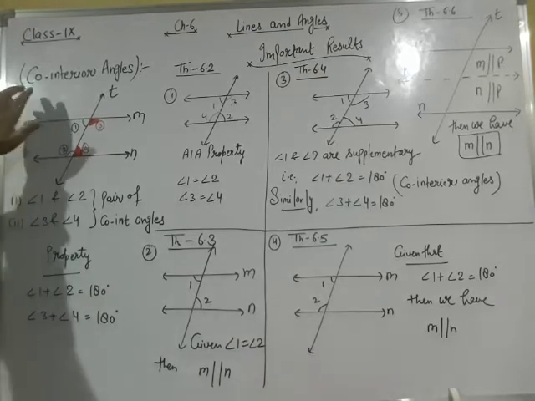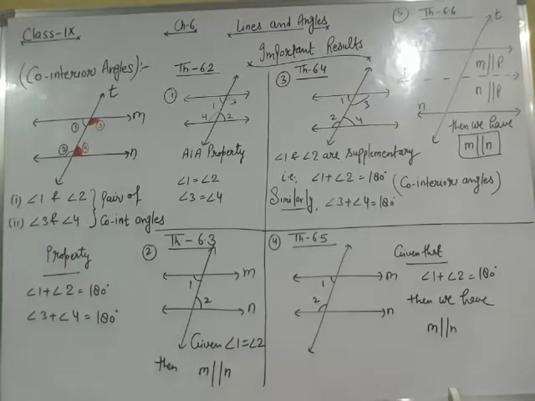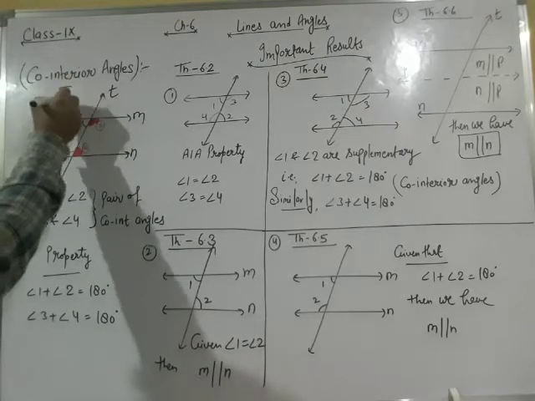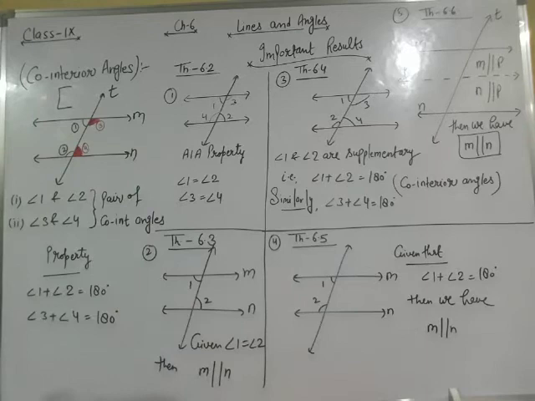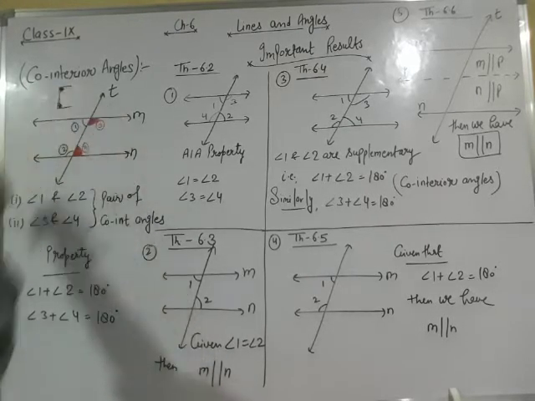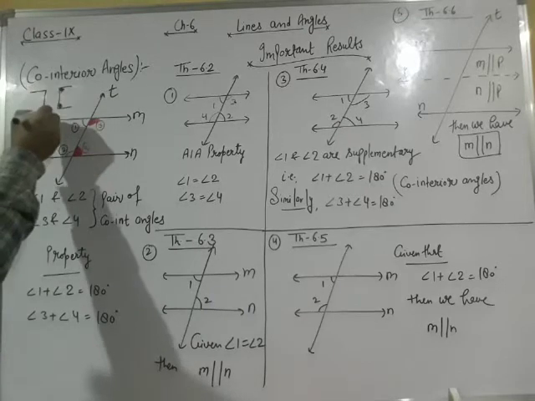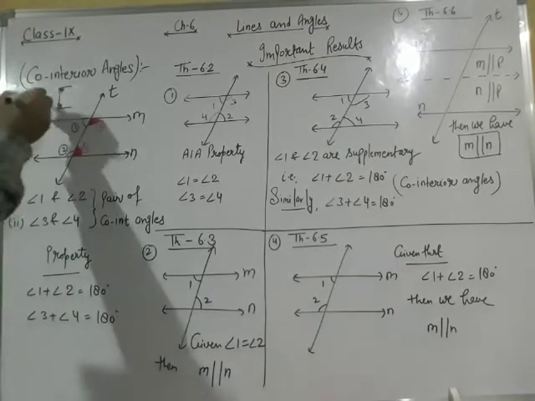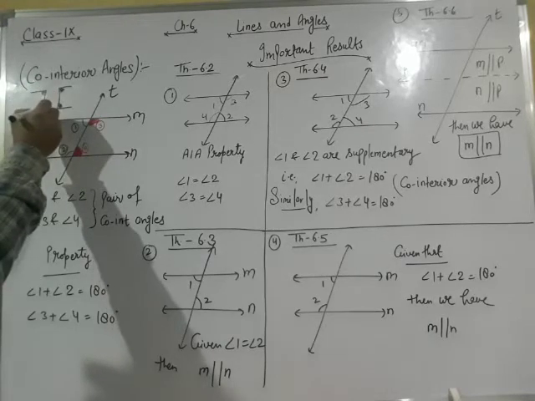And there is a trick to understand the co-interior angles. In co-interior angles, a C kind of figure is formed, and these two angles on the interior side are known as co-interior angles, and this is the mirror image of C, and these two angles are known as co-interior angles.